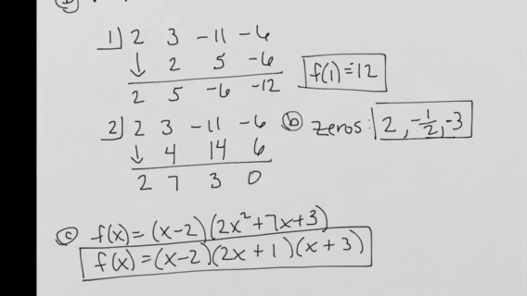We're going to take those zeros and plot them on our graph, and then we will continue from there. So let's go on over to our graph. Let's draw our x and our y axis.